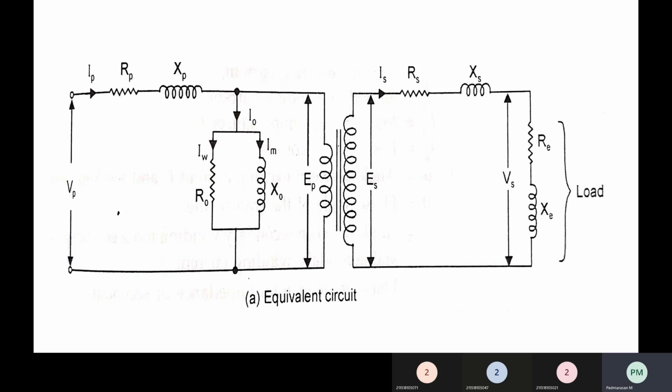EP is the EMF induced in the primary winding, and VP is the voltage applied to the primary winding. In the secondary side, ES is the EMF induced in the secondary winding, IS is the secondary current, RS is the secondary winding resistance, and XS is the secondary winding reactance. The load consists of resistance RE and reactance XE, and VS is the voltage across the secondary winding. So this is the equivalent circuit of the current transformer.